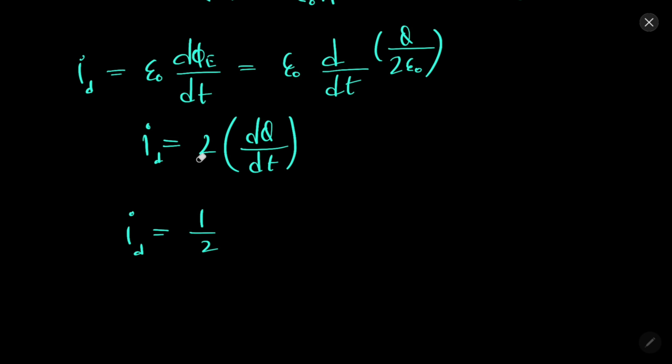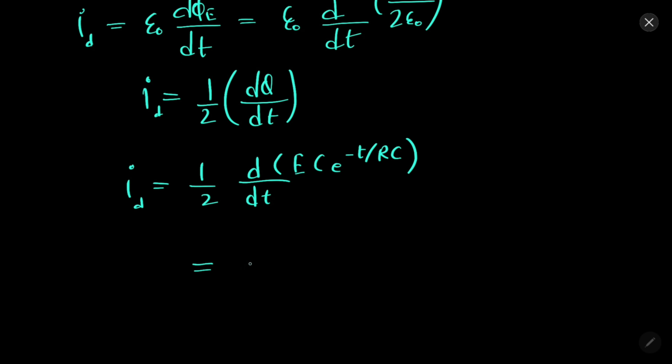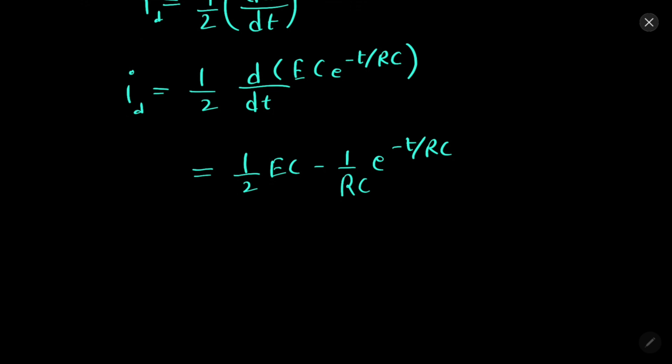So half d over dt, at the place of q we can write EC e to the power minus t over RC. So it will be half EC times minus 1 over RC e to the power minus t over RC. So the current will be minus E over 2R e to the power minus t over RC.